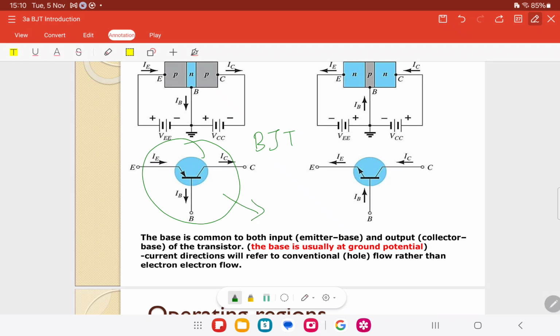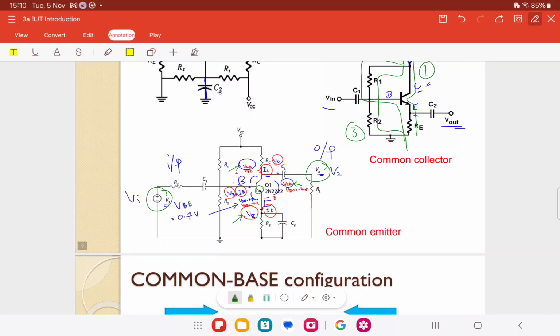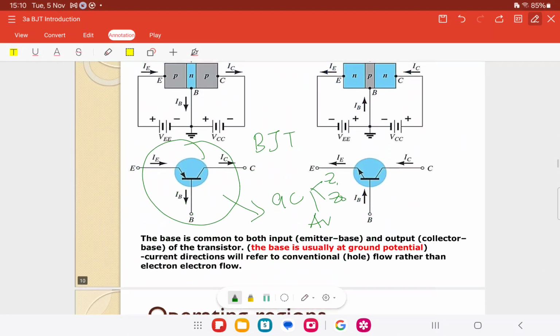We need to convert it into an AC equivalent circuit. In the AC equivalent circuit we will calculate Z in, Z out, and also the AV. In DC analysis we only find DC current and voltage, not yet AV and AI. For AC analysis we then find AV and AI.